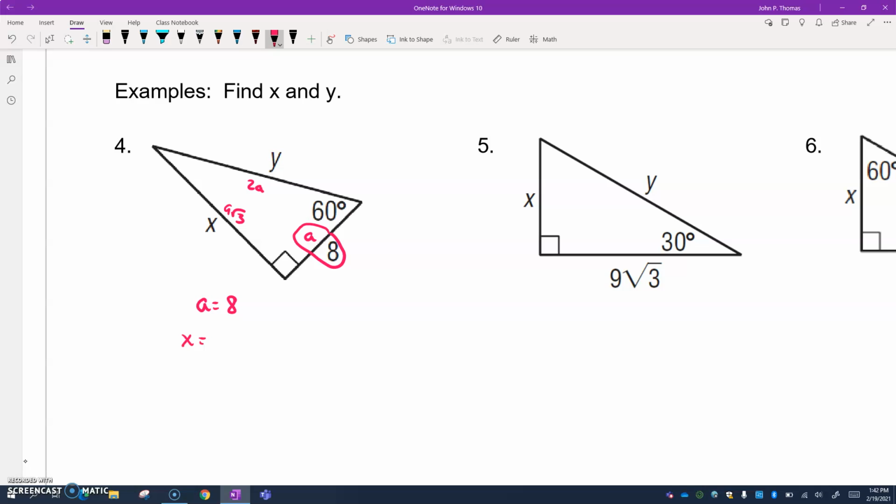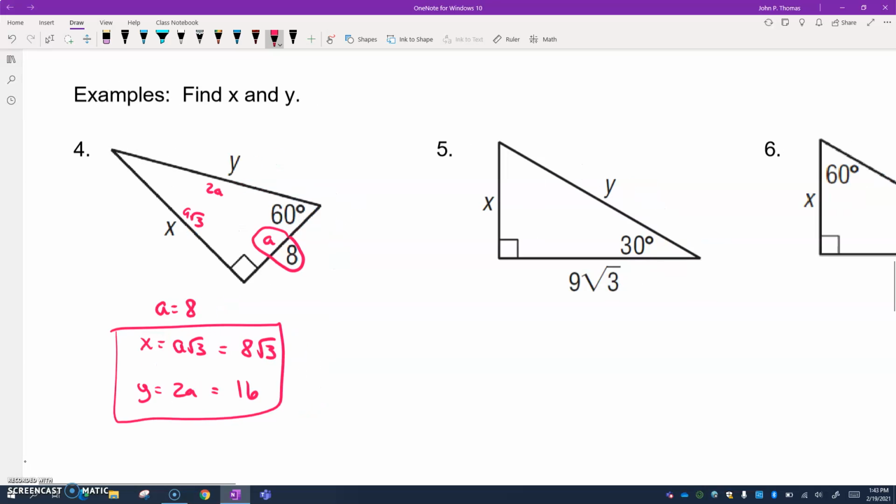So when I go for X, X is A root 3, so that's 8 root 3. When I go to Y, Y is the 2A side, so that's 2 times 8, or 16. And we get our two values for that triangle. Notice, we only knew one side of this triangle, and the fact it's a 30, 60, 90 allowed us to get both of the other sides.